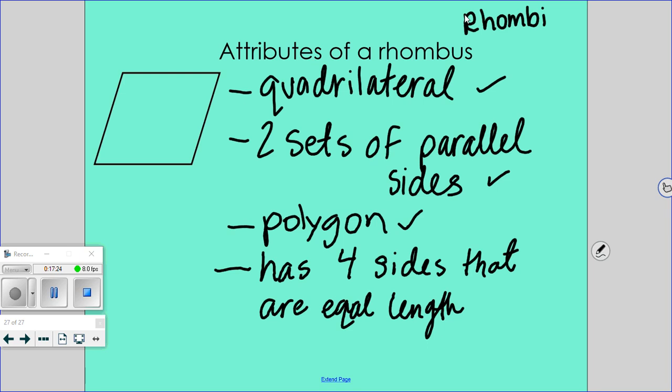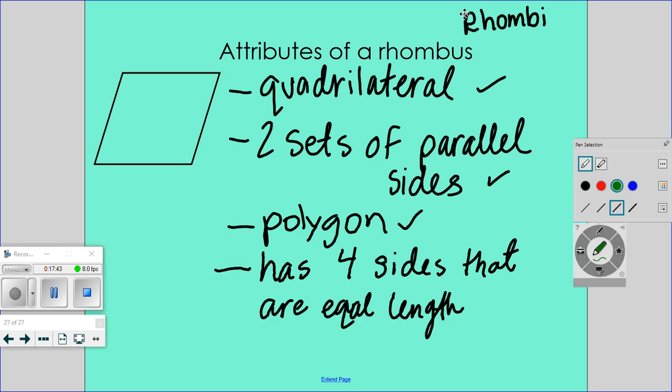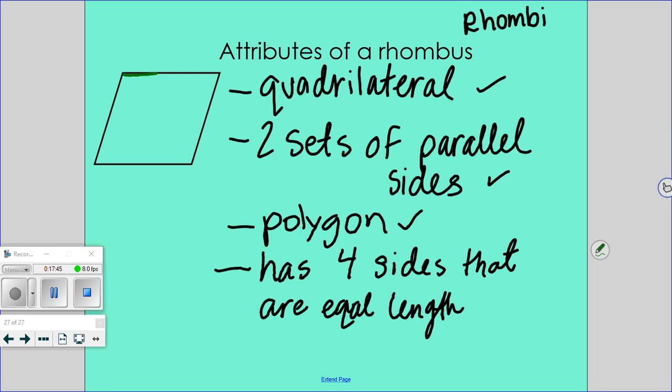Dorian? Go for it. How can you have 2 sets of parallel lines whenever it's like this and this? So one set of parallel sides is top and bottom.